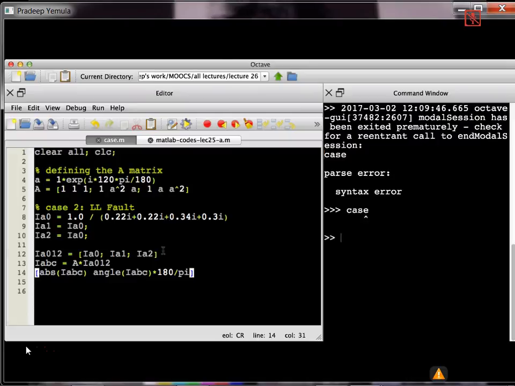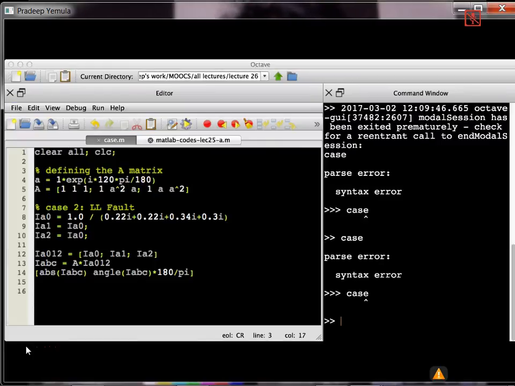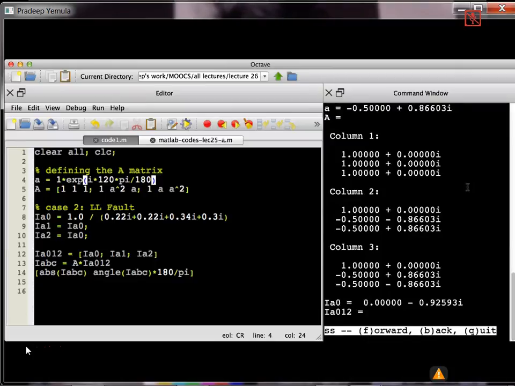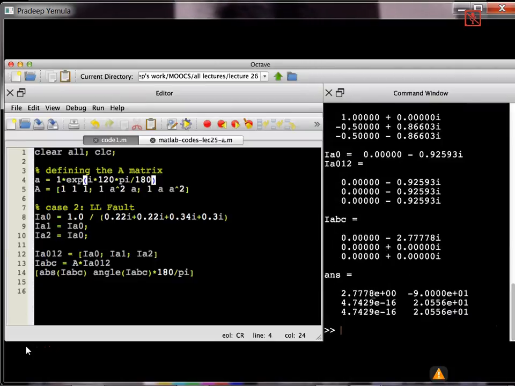When I execute this code, I am getting the final solution like this. On the right you can see the A phase current is minus 2.77, B phase current is 0 and C phase current is 0. So this is the final solution.